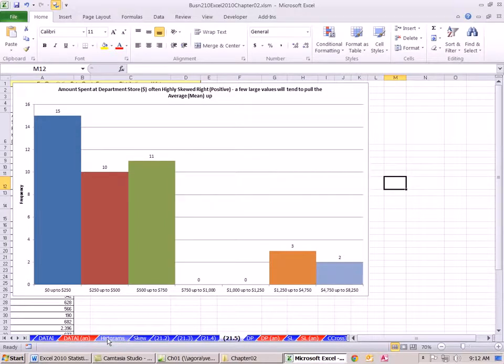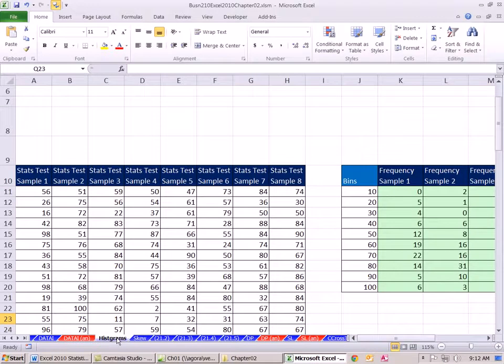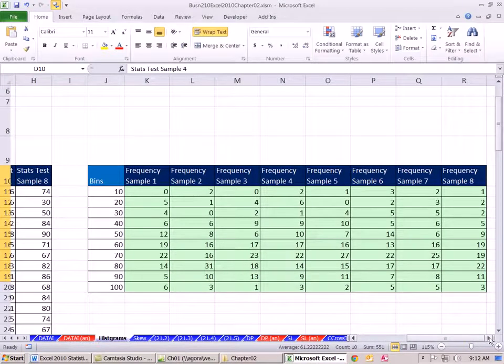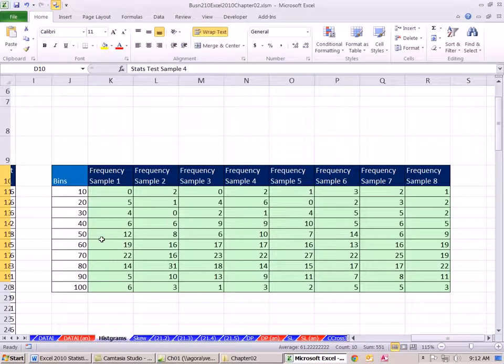All right, one last really cool example: histograms and shape. What I've done here is I simulated samples: test 1, test 2, test 3, test 4. And then I did a massive frequency distribution up here. I actually used the frequency function. And here are the counts.